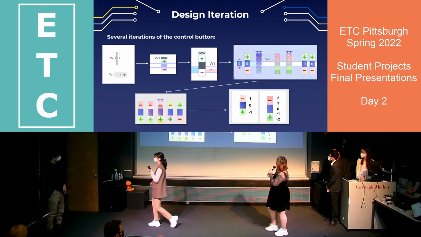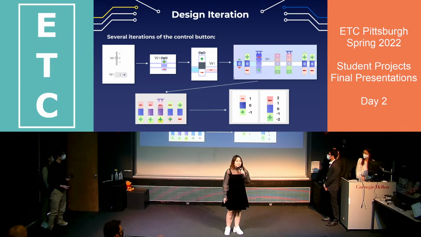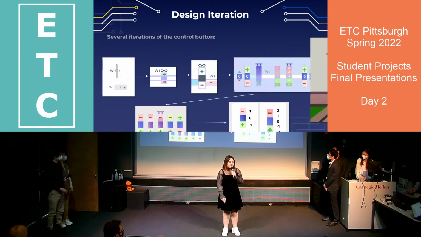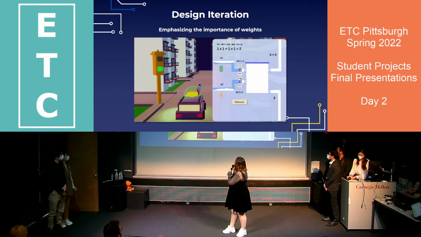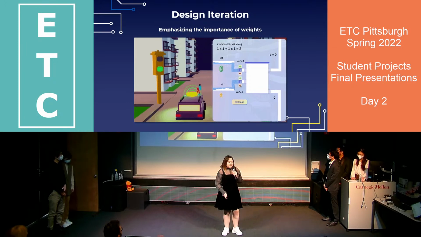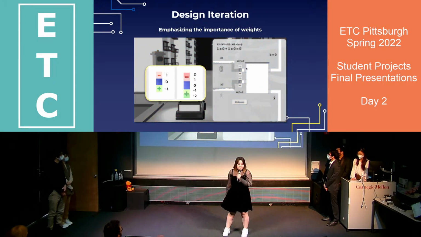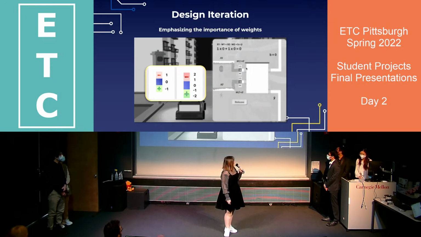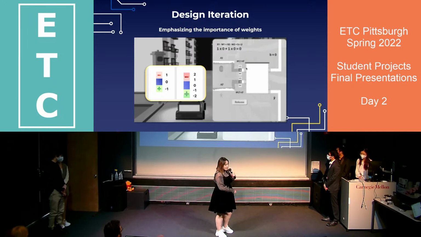Thanks, Sharon. Although we changed the weight buttons lots of times, it's still a big challenge for us to help the client learn to adjust the weight and understand the importance of the weight buttons. Our goal is that in the first level, the client learns to get the weight, and in the second level, they learn to adjust the weight.